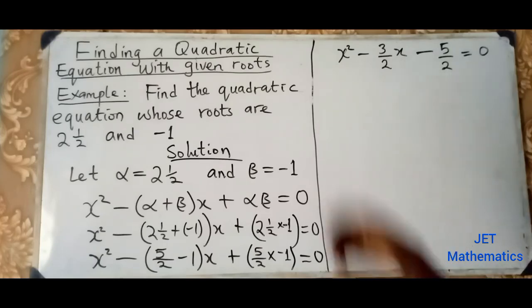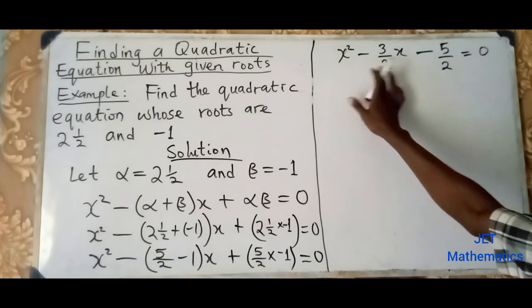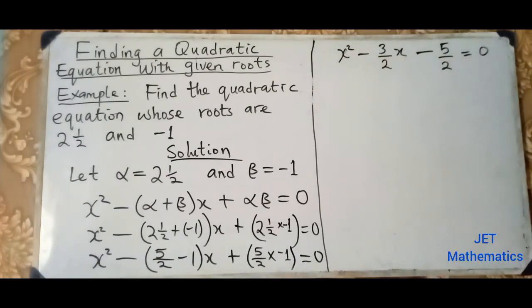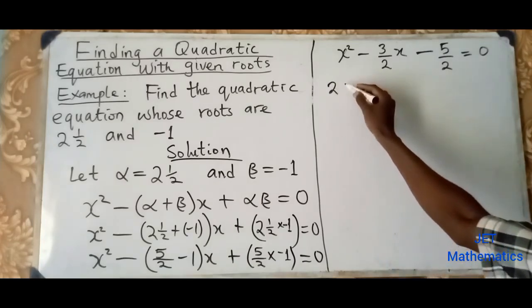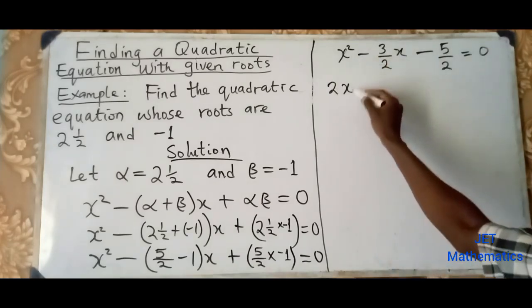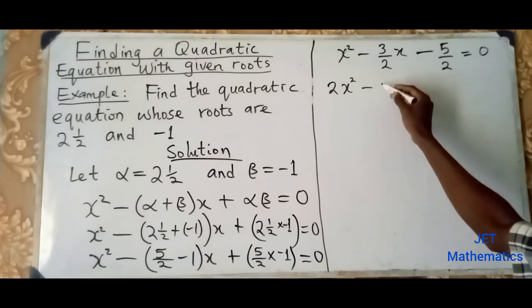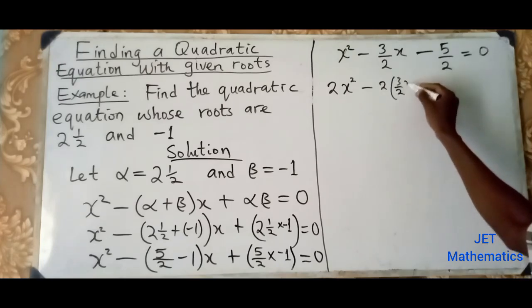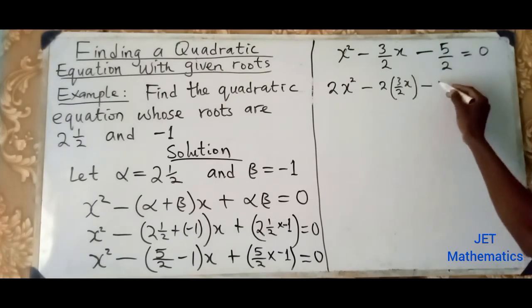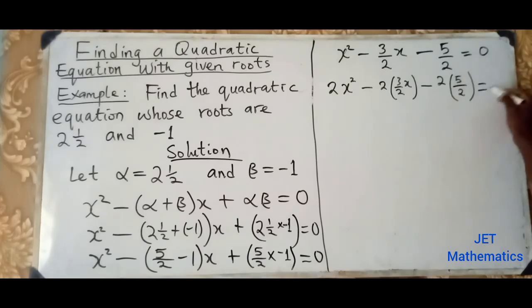So we multiply through the equation by 2 to clear fractions. So we have 2 times x squared minus 2 times 3 over 2 x minus 2 times 5 over 2 equals 0.